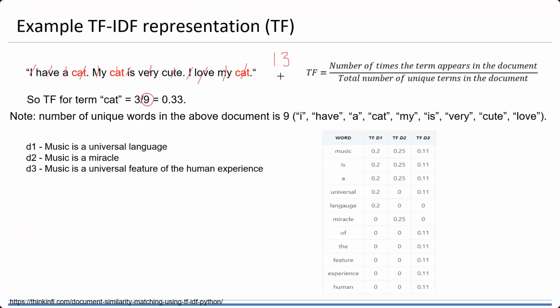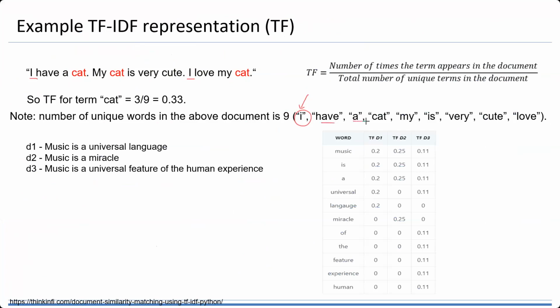Because we need to make it unique. Okay. Unique means there is no duplicate. So the number of unique words in the above document is 9. What are they? The word I. Okay. So we have I and I. We have 2. So the unique word will be only I. Have.